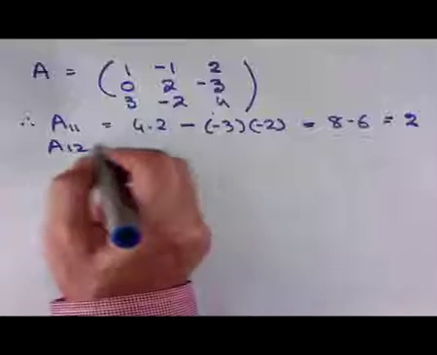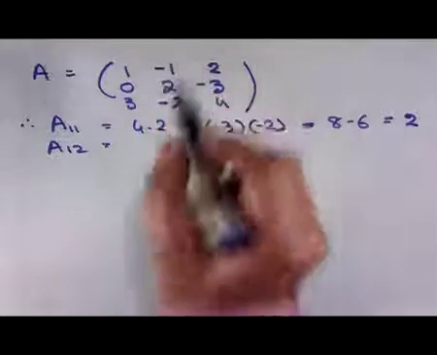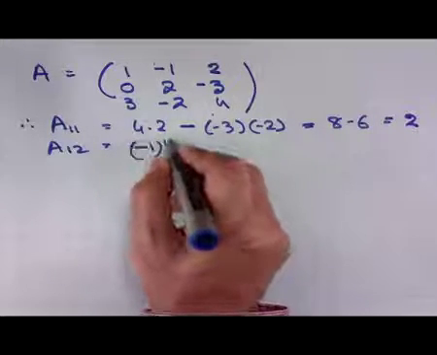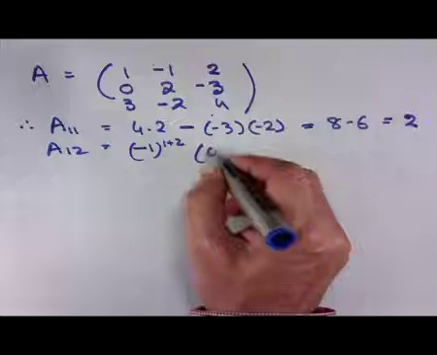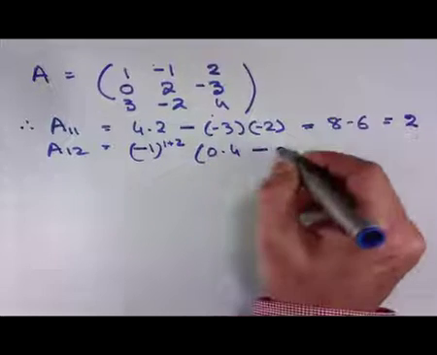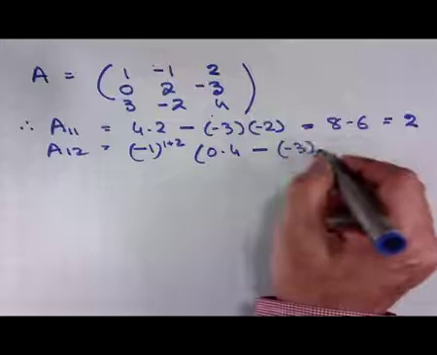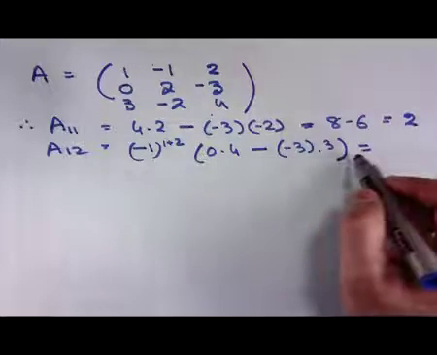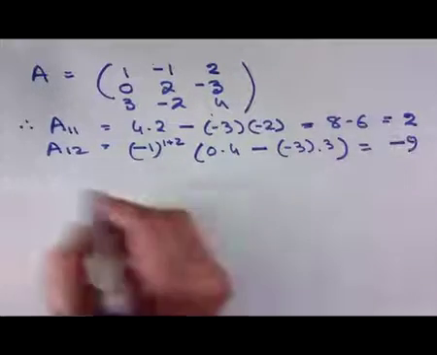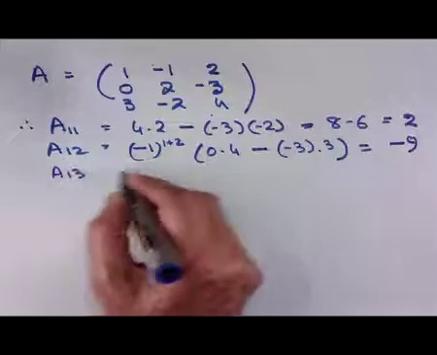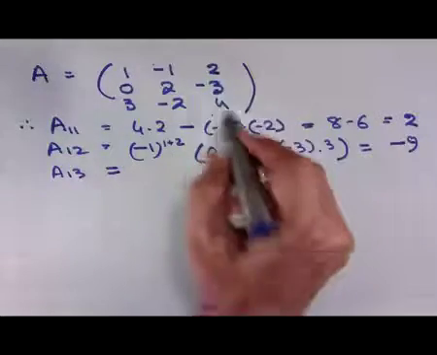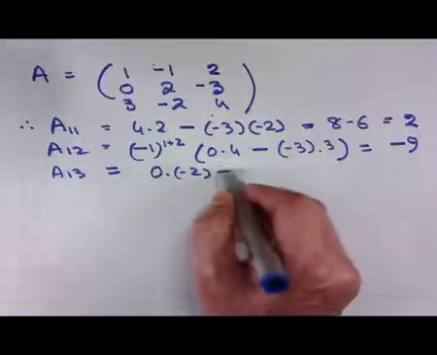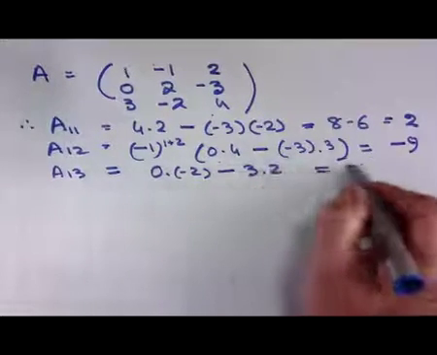A12 is equal to the cofactor, minus 1 whole to the power 1 plus 2, 0 into 4 minus 3 into 3, is equal to minus 9. A13 is equal to 0 into minus 2 minus 3 into 2, is equal to minus 6.